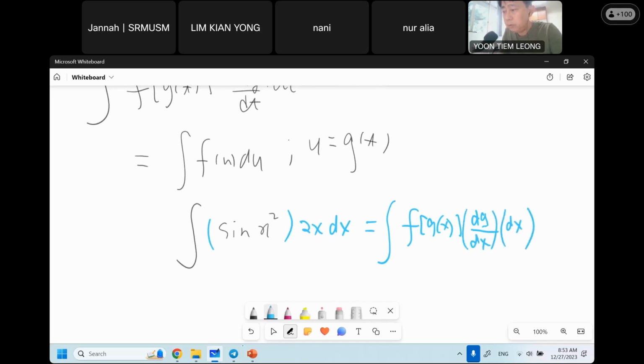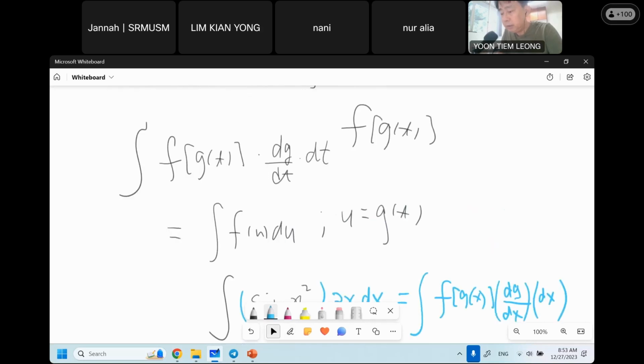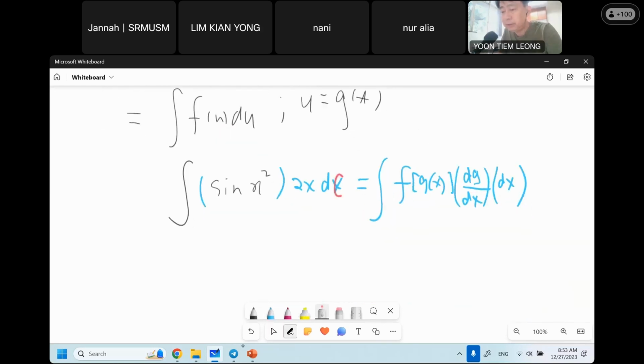Okay, so here I'm using t as the variable, but it is the same as using x as a variable.